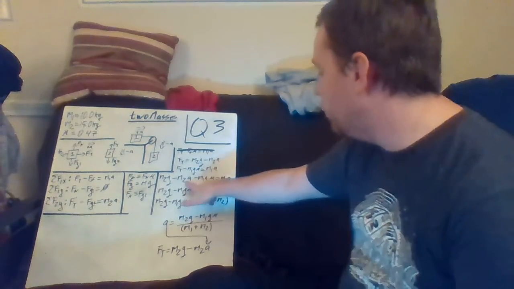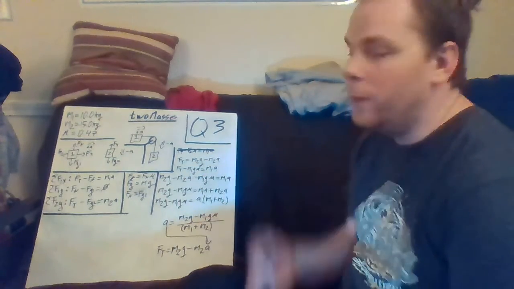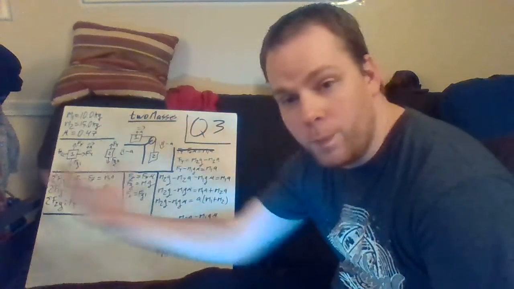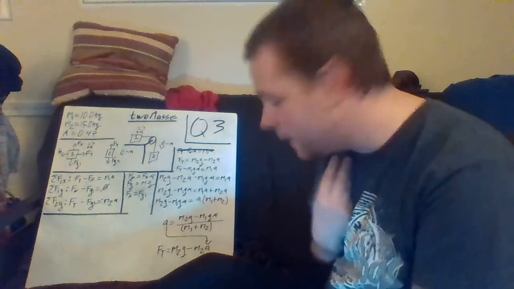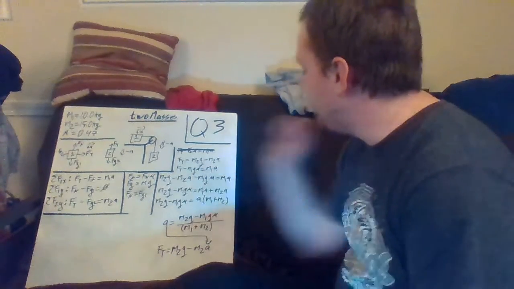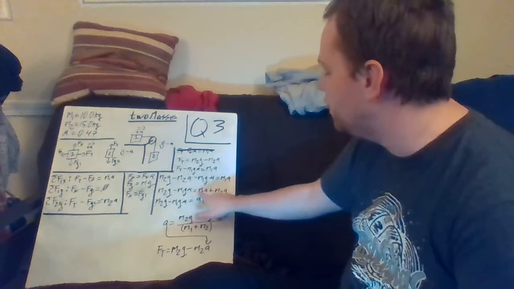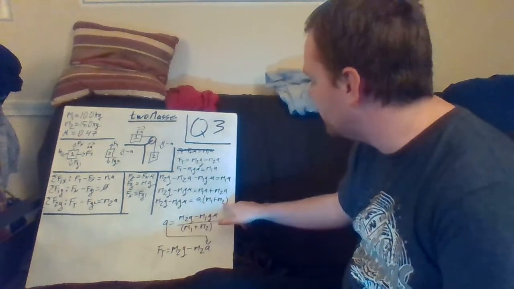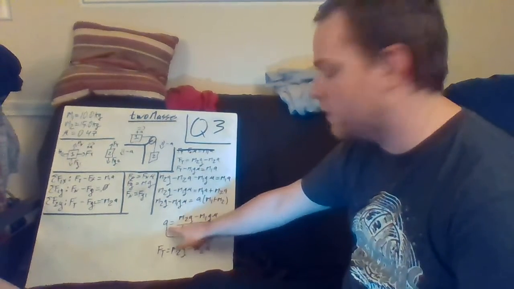Then we get the two terms, because we have 4 terms here. We take the 2 that have a in them, move them to the side where they're positive, because life is easier that way, and keep everything else on the other side. So m2g minus m1g mu equals m1a plus m2a. Factor out a, so it's the sum of the two masses. Divide by that sum. That will give us our a.